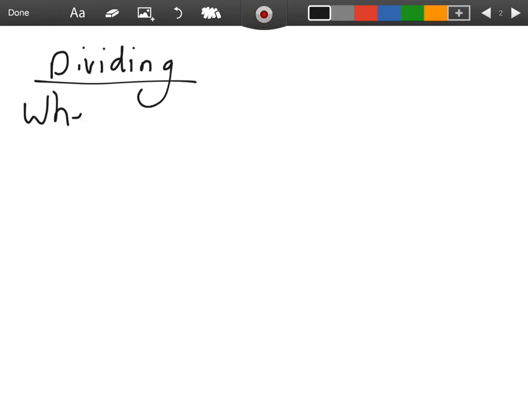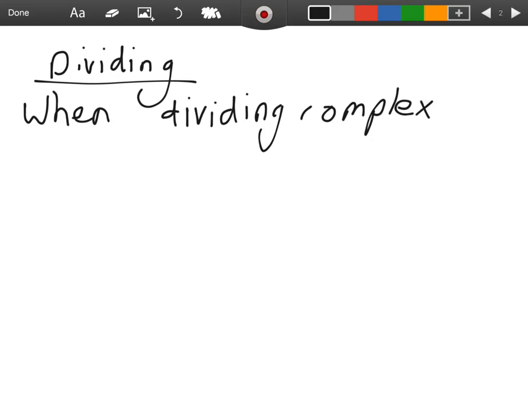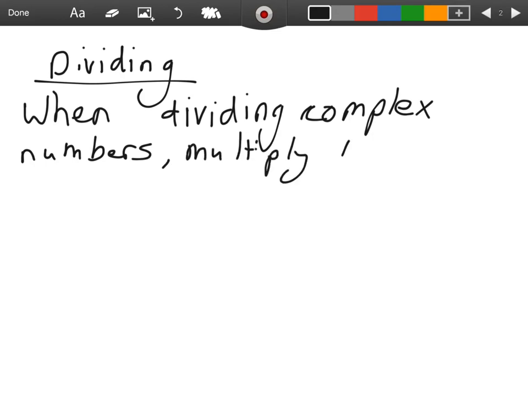Well, here's the definition of how to divide complex numbers. This is a long definition and it's wordy. When dividing complex numbers, multiply by 1.